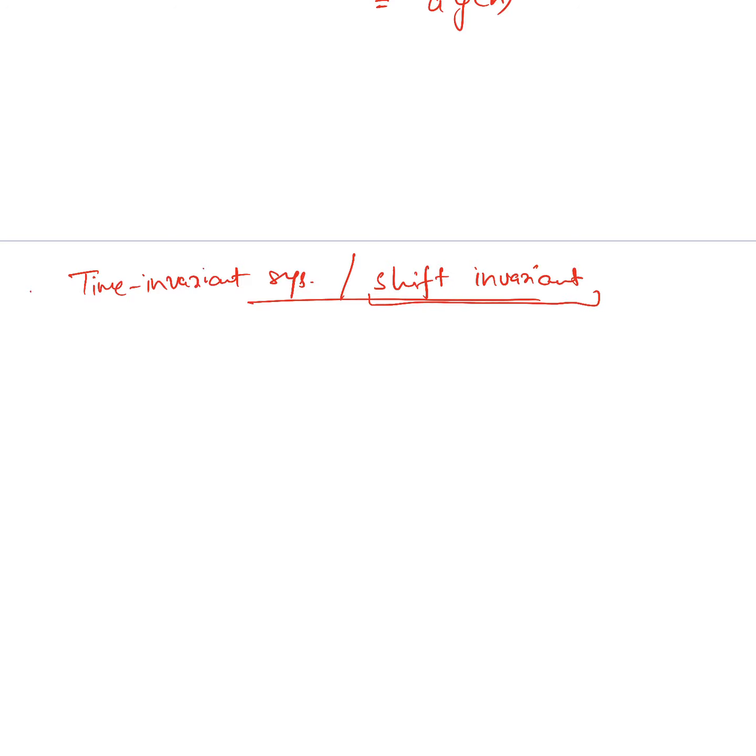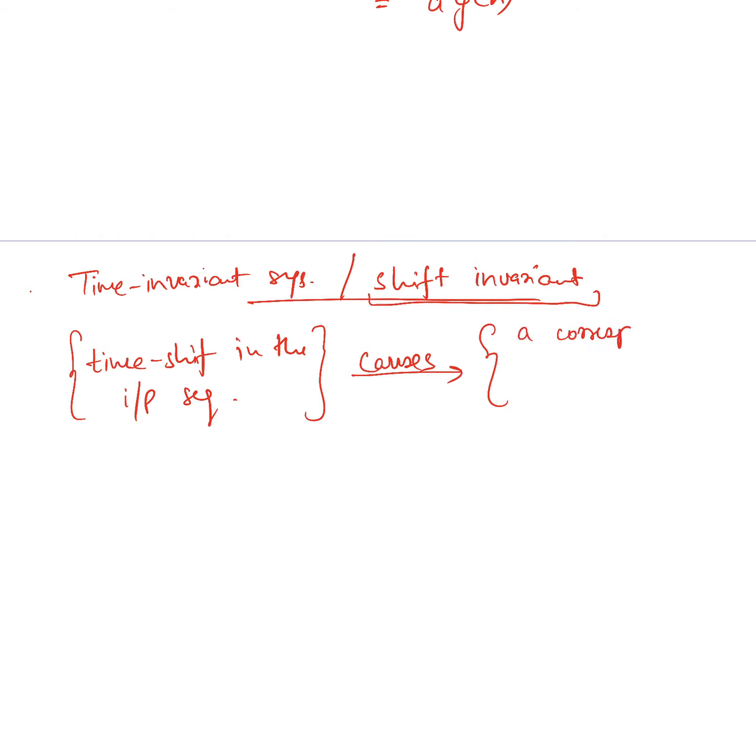So this property says that if there is a time shift in the input sequence, then it should cause a corresponding shift in the output sequence.